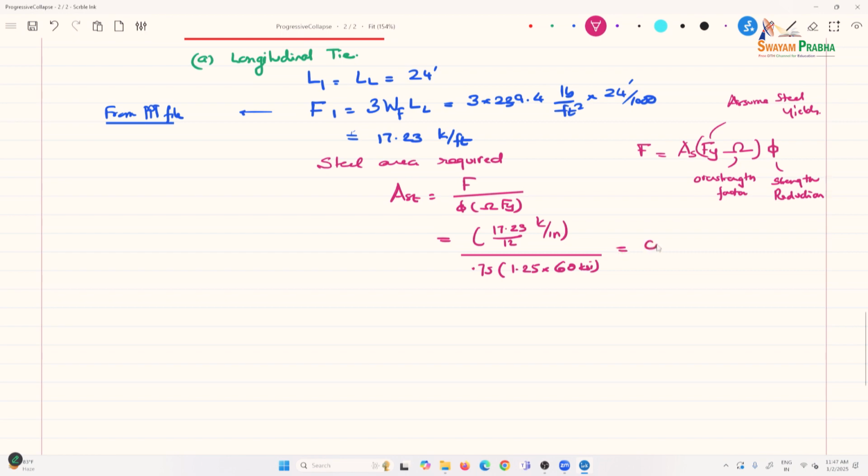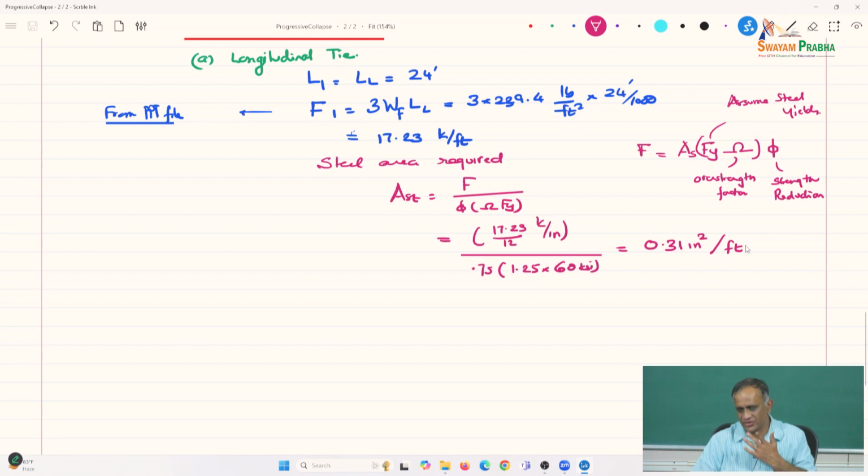Pretty basic. Essentially, a number 4 bar, that is a half inch diameter, that is a 12 mm bar, is 0.2 square inch. So, basically you are saying 12 mm bar at about 8 inches center to center, so to speak. But let us not worry about that.